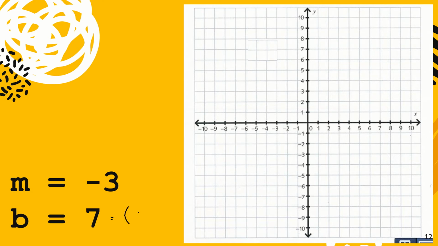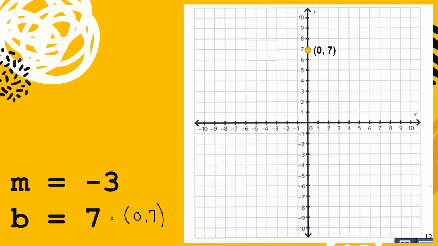So we have (0, 7) as our y-intercept. In what part of the Cartesian plane are we going to locate (0, 7)? Correct. It is on the y-axis. So locate (0, 7).